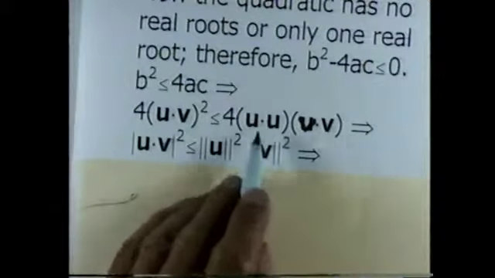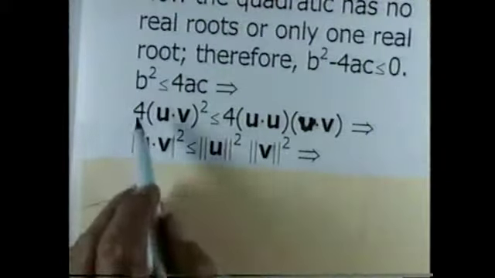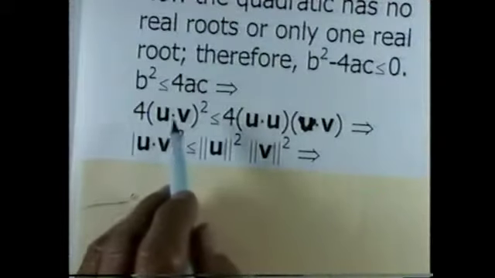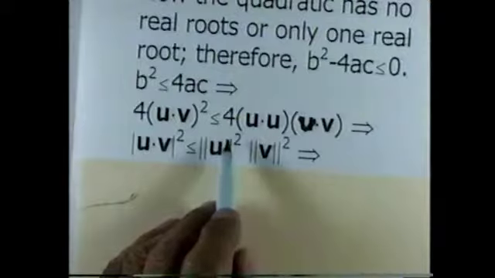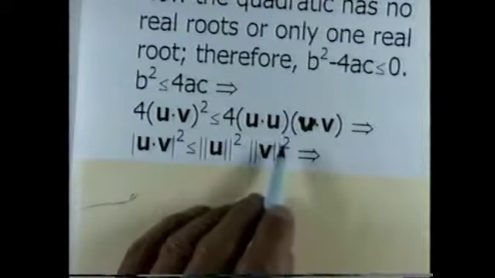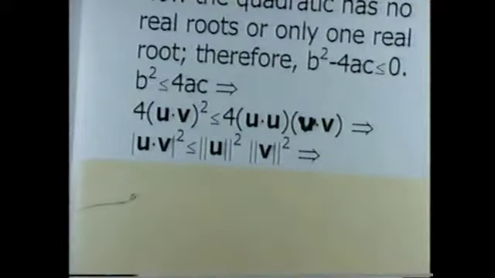That's the theorem I proved for you previously. So divide both sides by 4 and use the fact that u dot u is the magnitude of u squared and v dot v is the magnitude of v squared to get this relation.